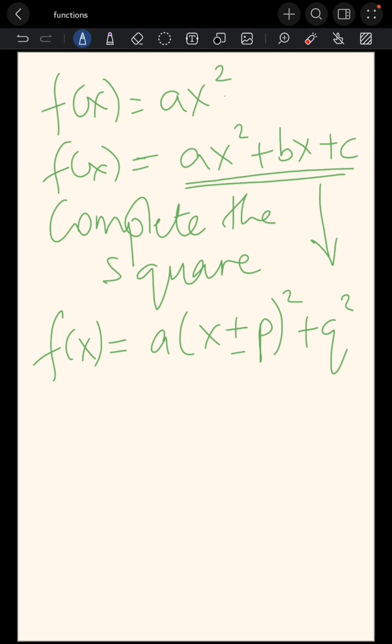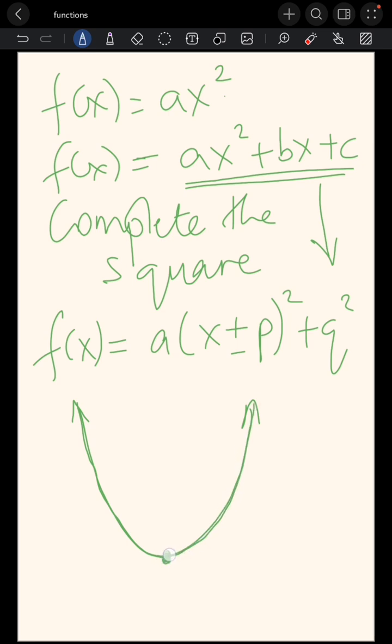This form we will in most cases use when we are given a graph and given these points. This point, we call it the turning point. The turning point is a point at which the graph changes direction: as it goes down here, when it gets to this point, it changes and goes up.